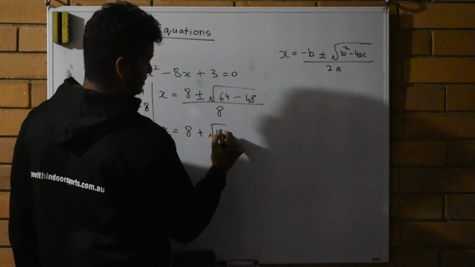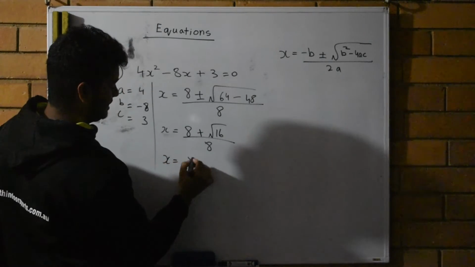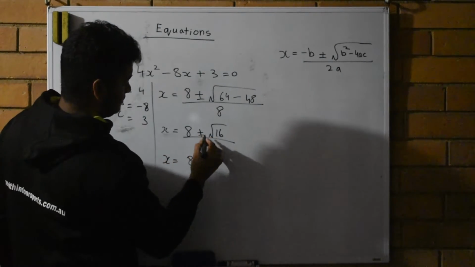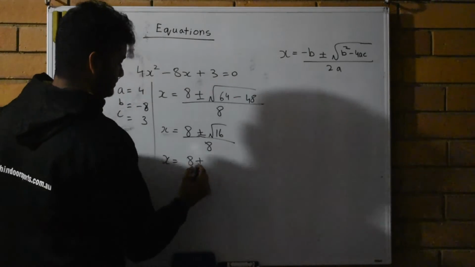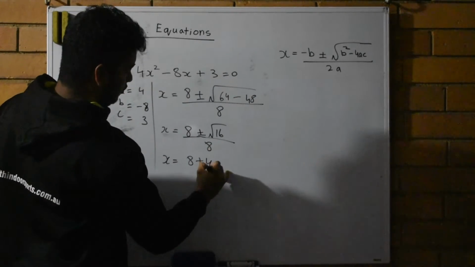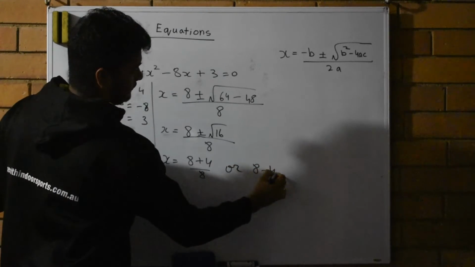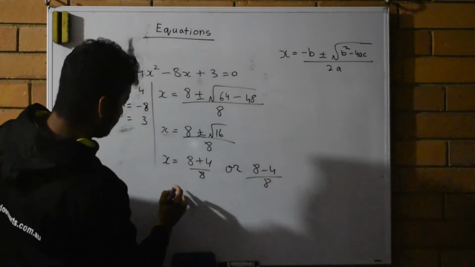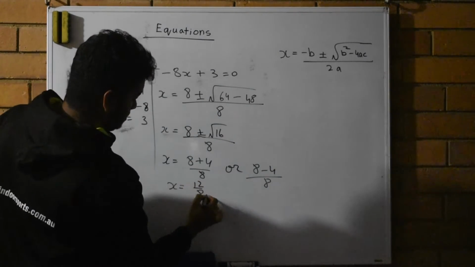I'm just going to write this over 8. x is going to give me 8 plus or minus 4 upon 8, so x is 12 over 8 or 4 over 8.